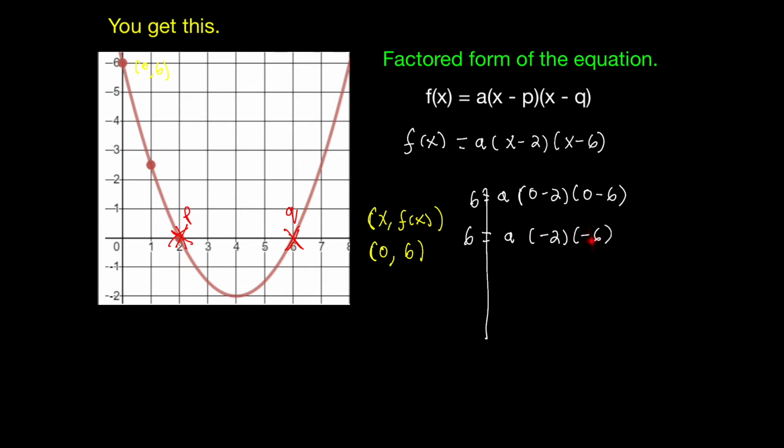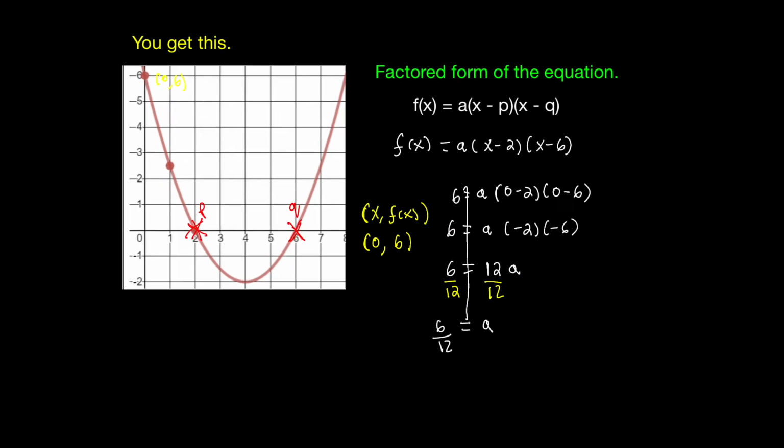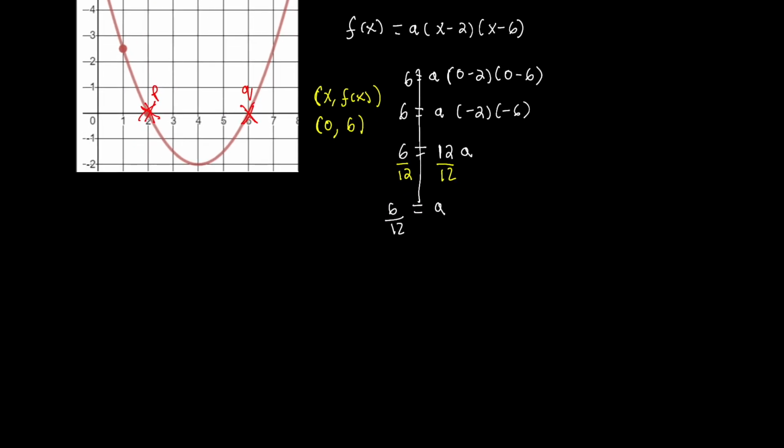But then negative 2 times negative 6, that's going to give me 12. So I get 6 equal to 12a. And to solve for a, now I can divide both sides by 12. And I get that a is equal to 6 over 12. 6 over 12 can be reduced into 1/2.